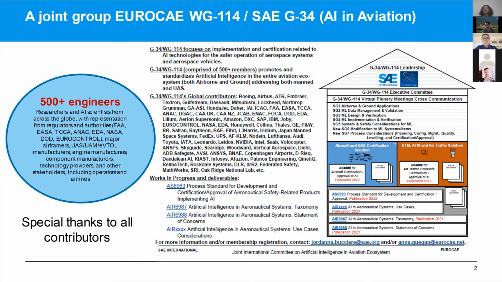And this was discussed and settled together with a number of use cases in the avionics industry. So these are the foundations, the use cases, the taxonomy, and also the concerns. This structures the entire work.